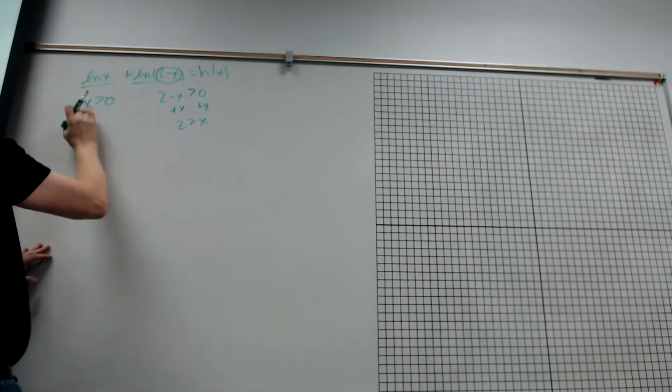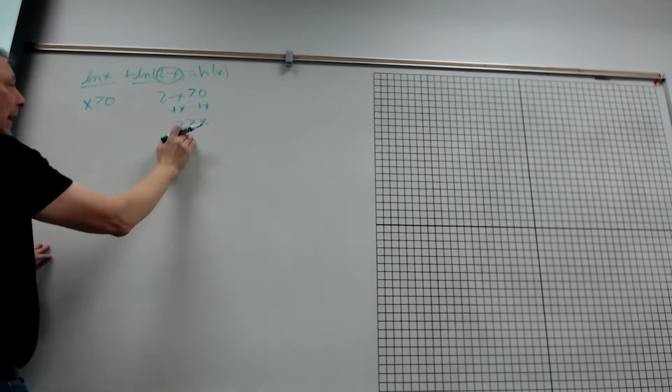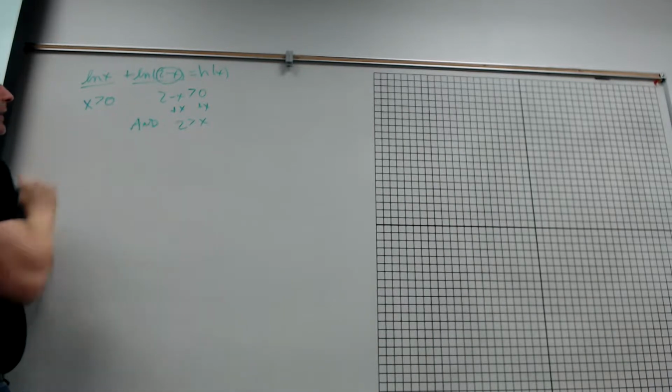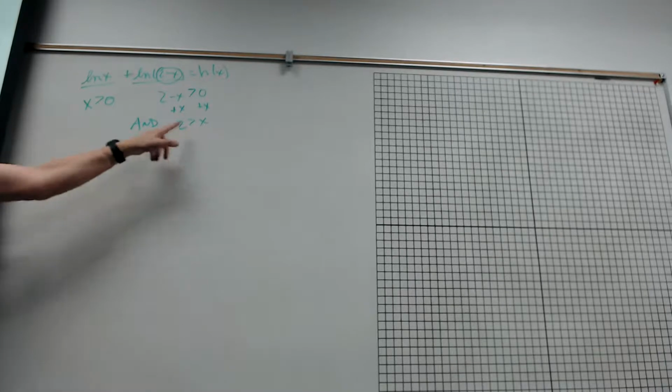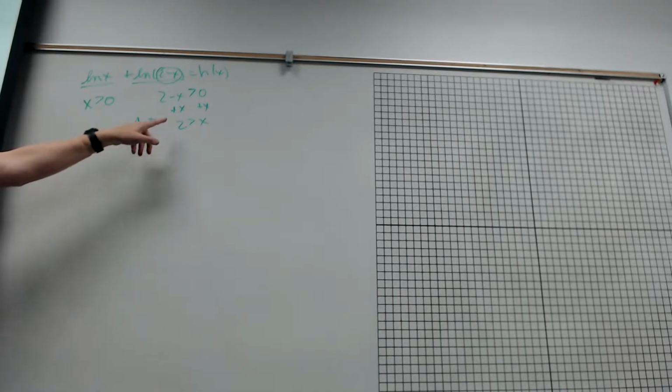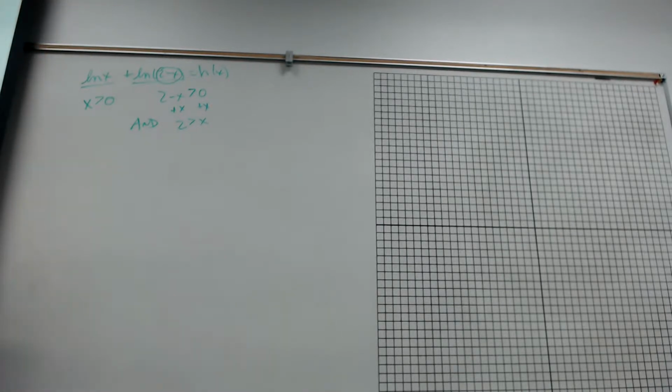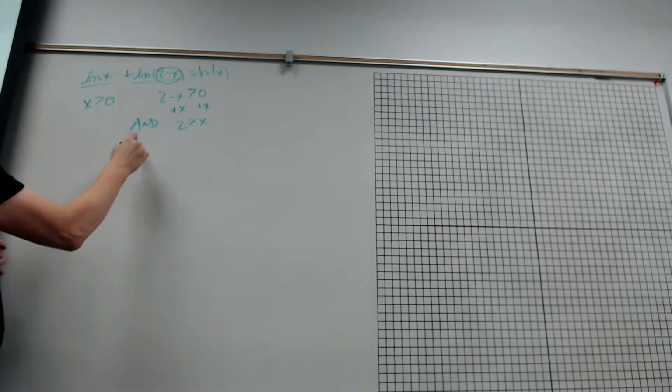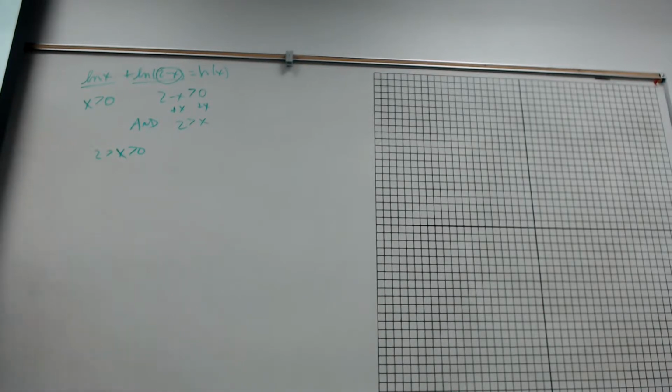So x is greater than 0, and, maybe I should put a nice "and" in there, x has to be less than 2. So the overall domain for the entire function, Derek, is x is greater than 0 and less than 2. Okay? And Derek, can you write that in interval notation?